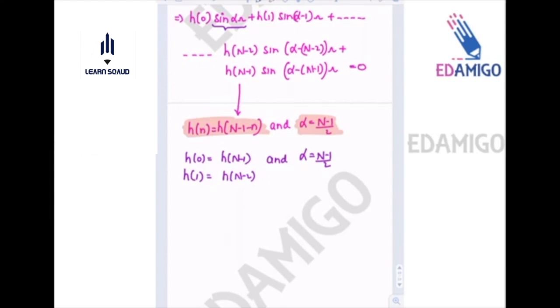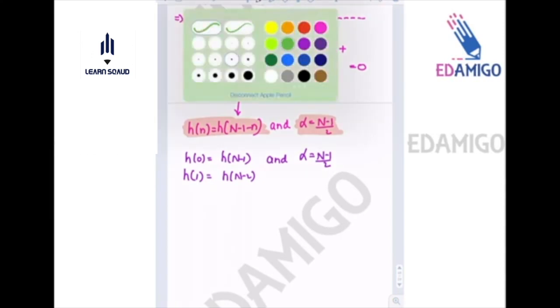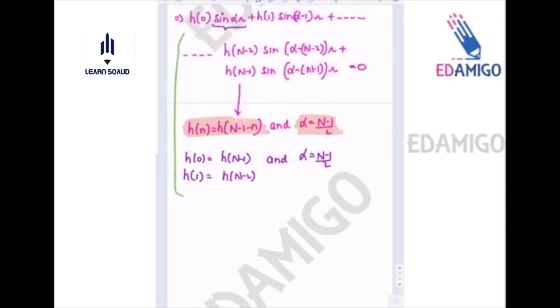So when we put alpha equals (N minus 1) divided by 2 and write the above equation, the first term is h0 sin((N minus 1)/2 σ). The second term will be h1 sin((alpha minus 1) σ), so ((N minus 1)/2 minus 1) σ, and so on for all the terms.